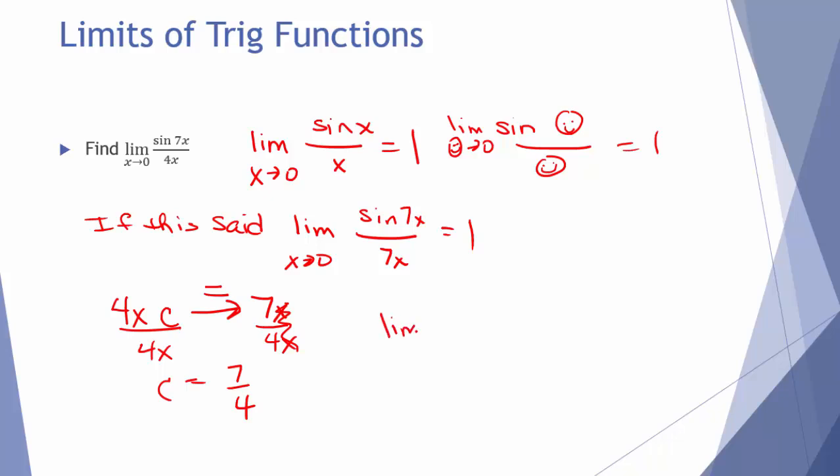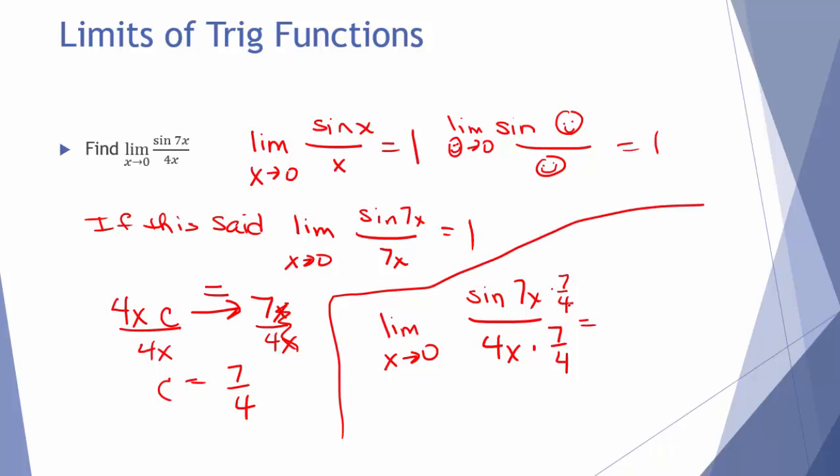Now, that being said, you can't just multiply 4x times 7/4 because you feel like it, right? It's not an equation. You don't have a left side and a right side, and you need this to stay equivalent. But we can also say, hey, as long as you multiply the numerator by 7/4 as well, it's legal. This is a completely correct algebraic step to take.